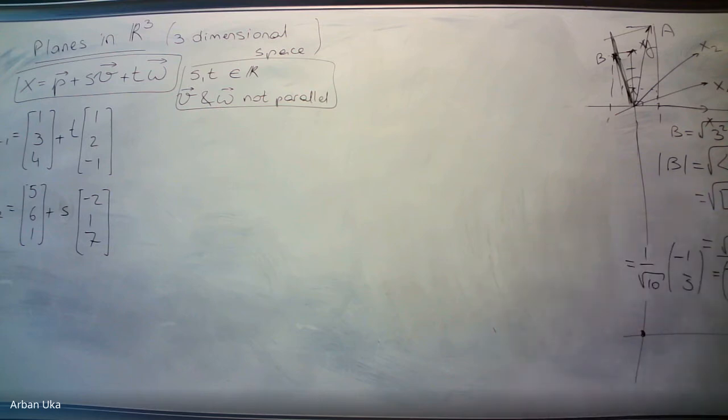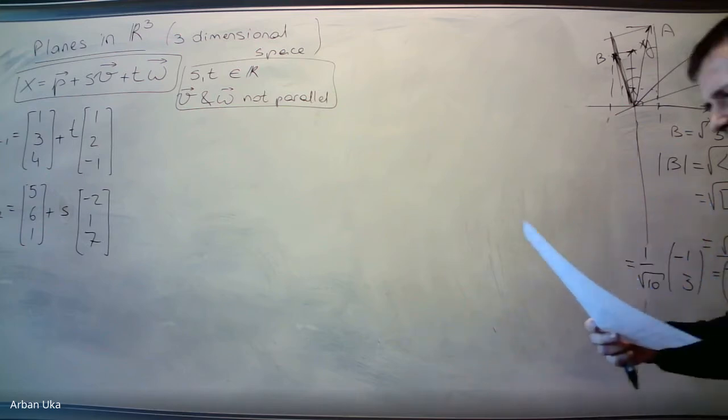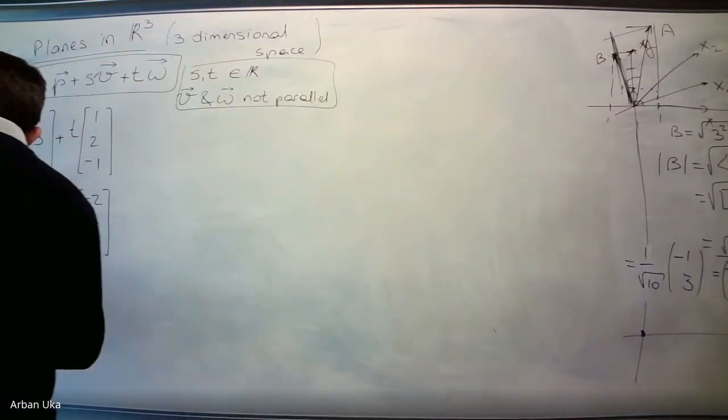But now let's have a look at these two lines, and the question is: can they be parallel, or do they ever intersect? How can you check this?